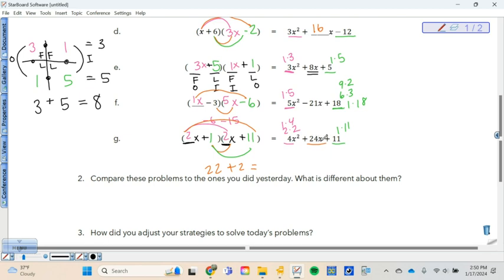There's a middle number in yesterday's problems. And there was the last number in yesterday's problems. What didn't yesterday's problems have? Yeah, the first number. The first number, right? Yesterday's problems all looked like x squared plus bx plus c.